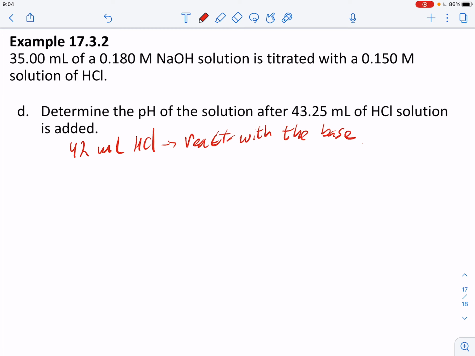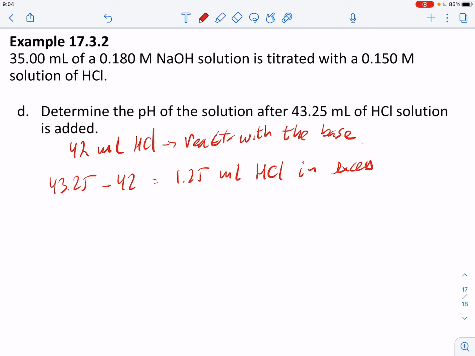Which means 43.25 minus 42, 1.25 milliliters of HCl in excess.